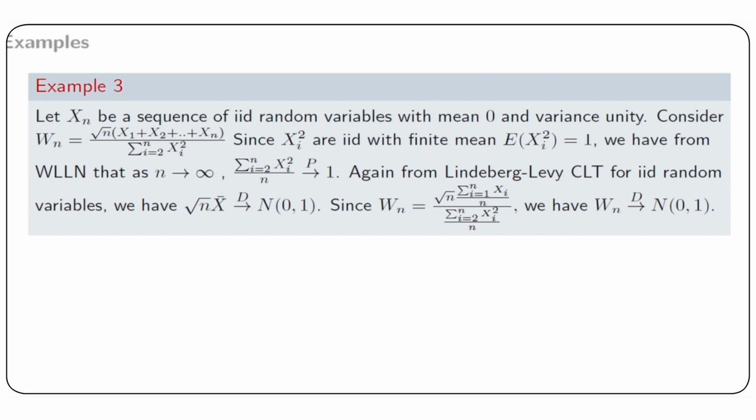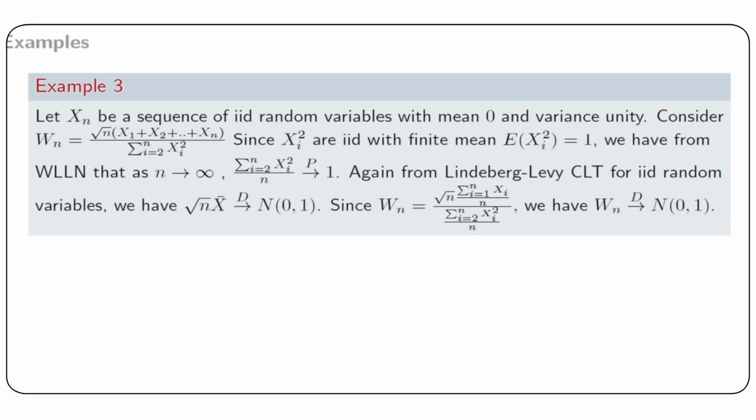Again, from Lindeberg-Levy CLT for IID random variables, we at once have square root of n multiplied by x bar converging in distribution to normal 0 1. Therefore, we can write the whole thing as square root of n summation xi by n, whole thing divided by summation xi square divided by n.